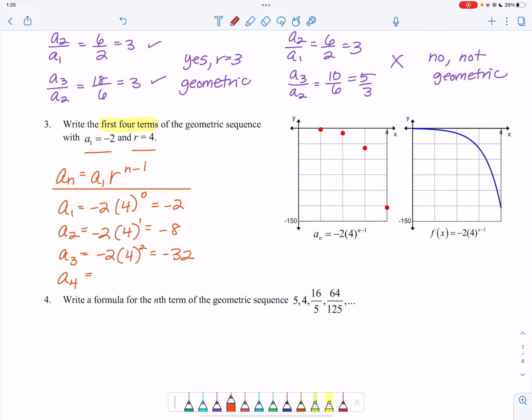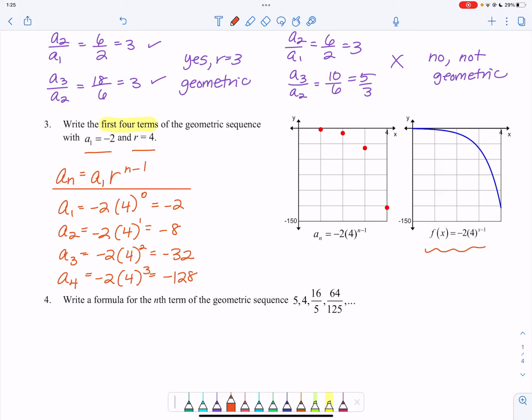And our fourth term, -2 times 4 cubed, is -128. As you can see over here, we have these terms plotted, and you can also see this function created from the terms of the geometric sequence.